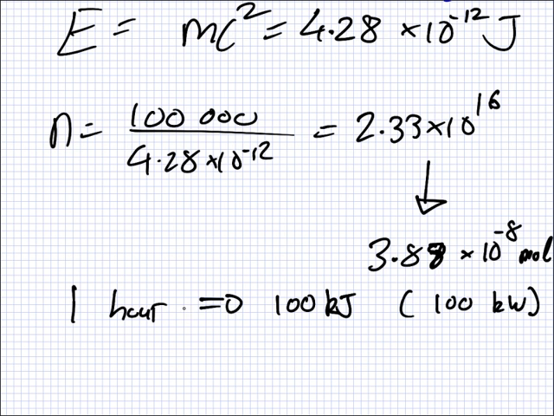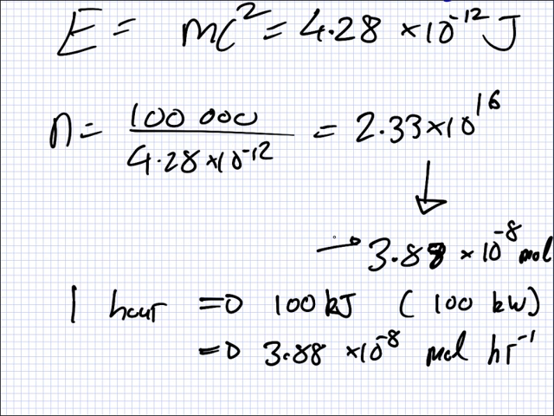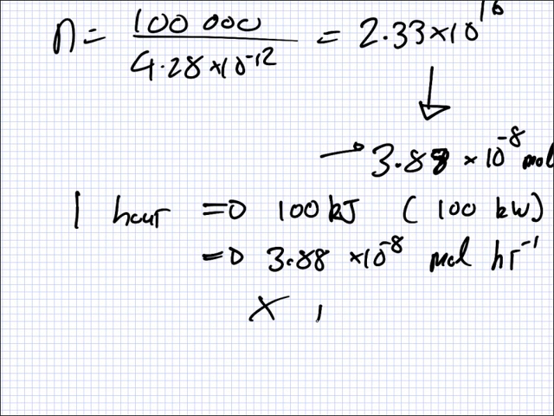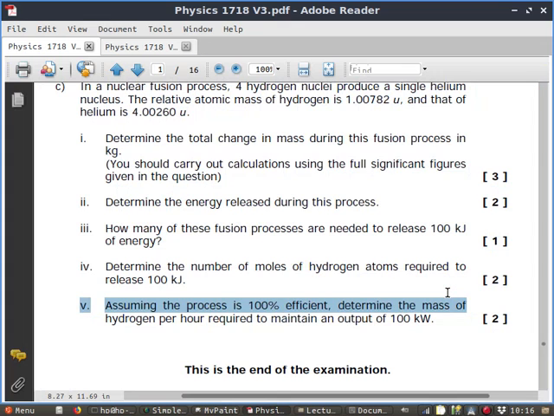We know this means we'll need 3.88 times 10 to the minus 8 moles per hour, because that's why they had you calculate this. But they want this as mass. So what we have to do now is multiply this by the molar mass. What's the molar mass?